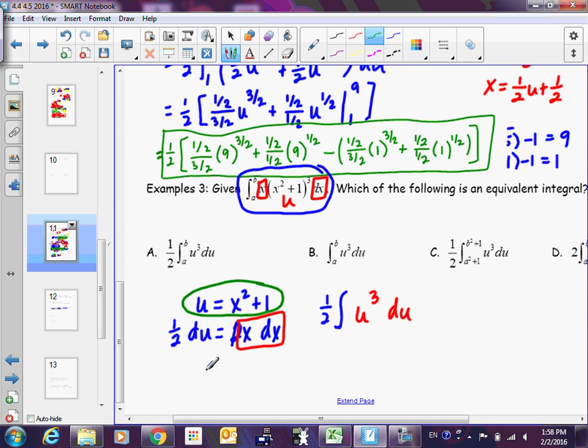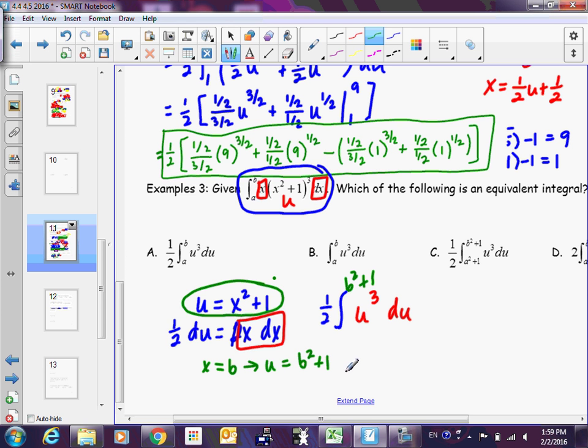If x equals b, then what does u equal? b squared plus 1. In the problem we did a few minutes ago, we actually computed and did the arithmetic. Here, b squared plus 1 just remains b squared plus 1.